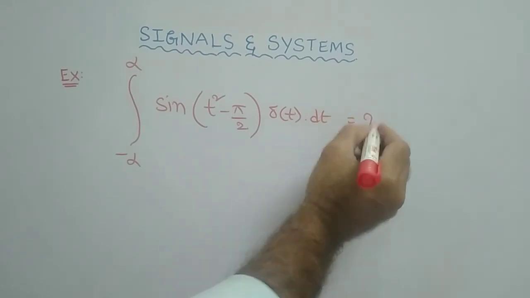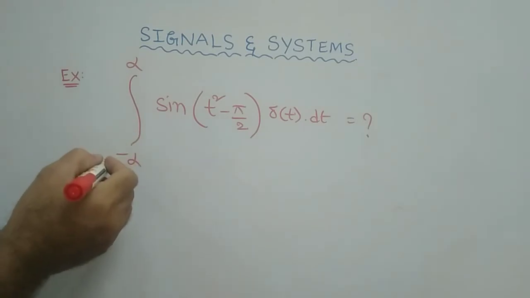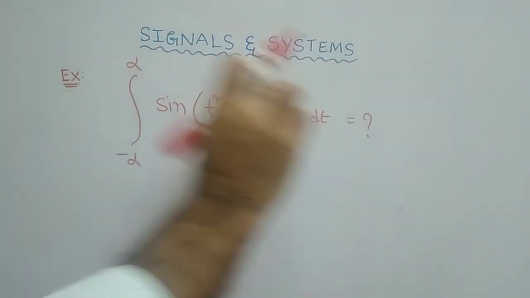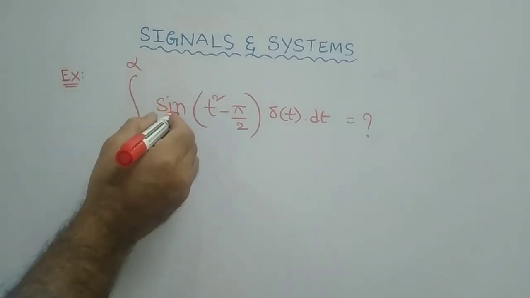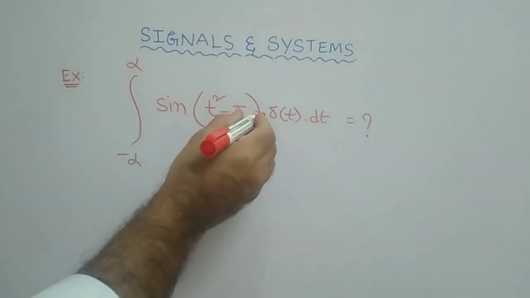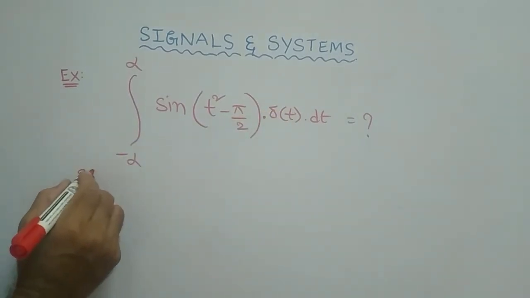What will be the answer for this? Evaluate this. This is the given integral. Now how could it be?